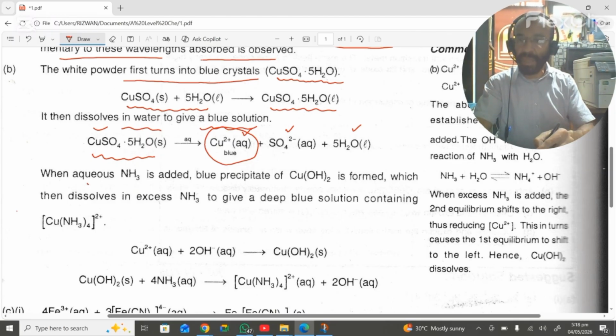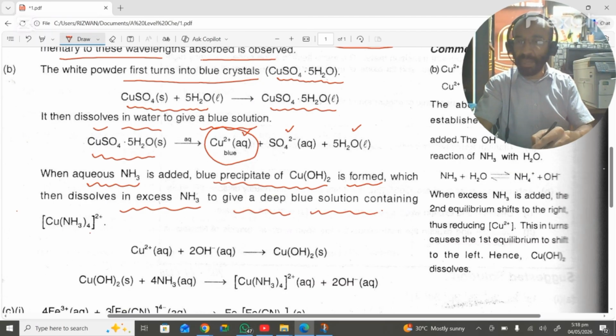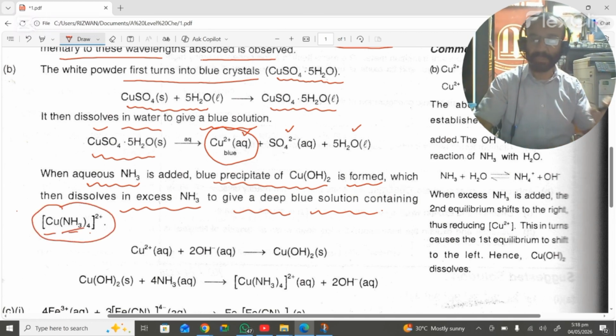Further, when aqueous ammonia is added, a blue precipitate of copper hydroxide is formed, which then dissolves in excess NH3 to give a deep blue solution containing the tetraamminecopper ion. This is responsible for the deep blue color.